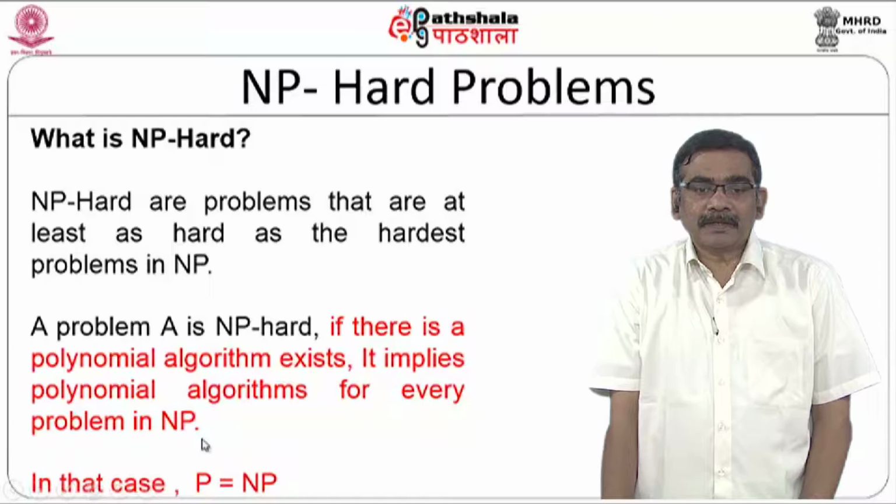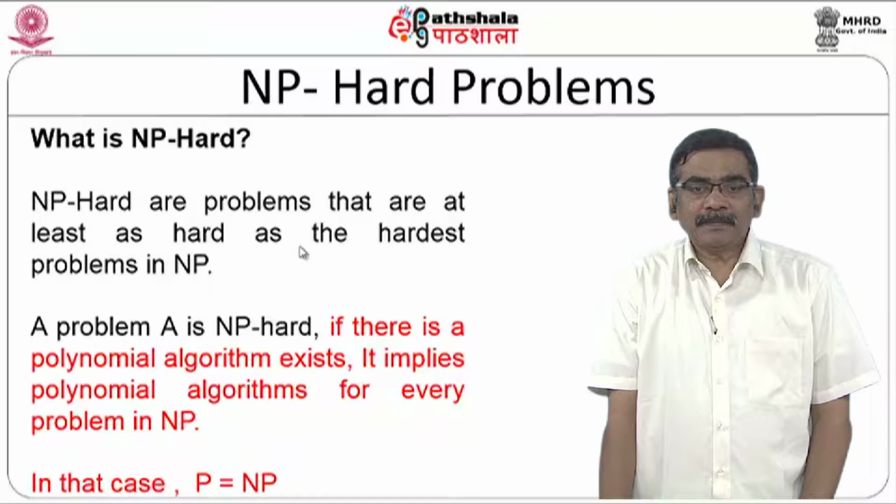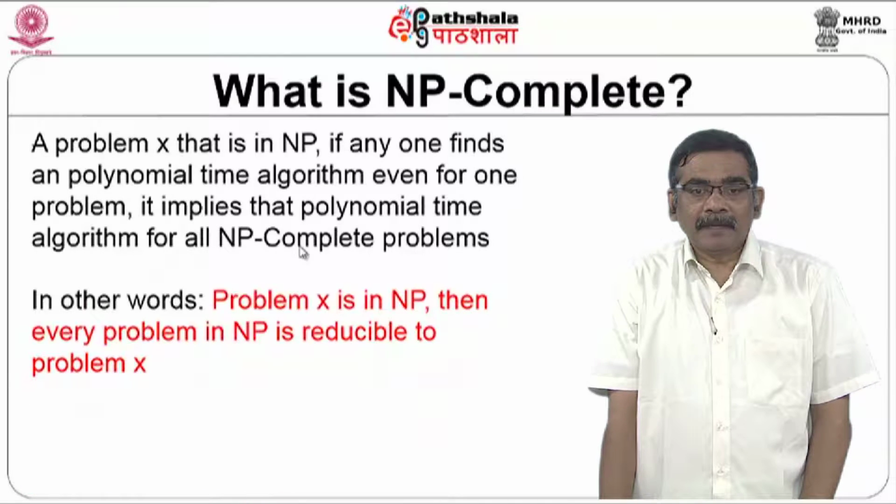So, this sort of problem says that problem A is as hard as another problem B. In other words, these problems are at least as hard as any other problems. So, these problems are called the NP-hard problems.